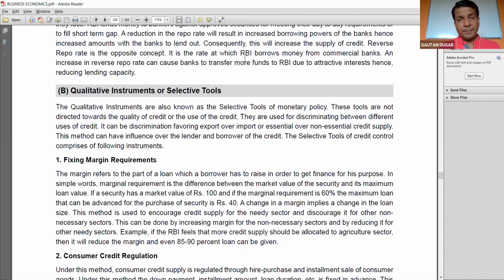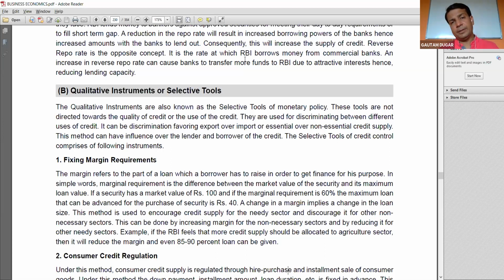Now, if the RBI, the central bank of the country, wants the flow of credit to the housing sector to increase, the RBI will give an instruction to the commercial banks to reduce the margin requirement. It will tell them to reduce the margin requirement.